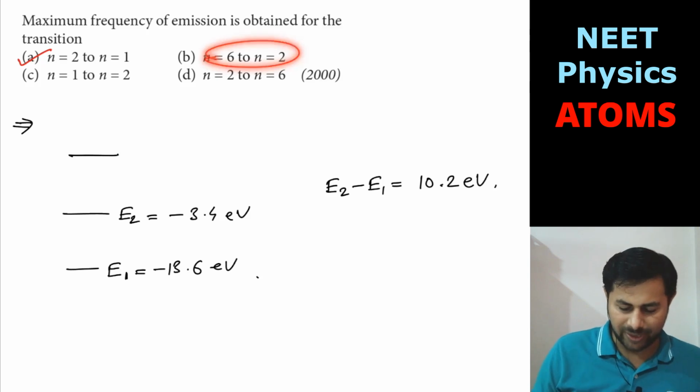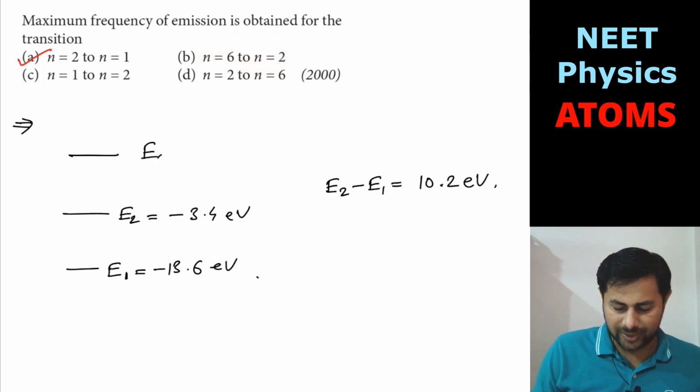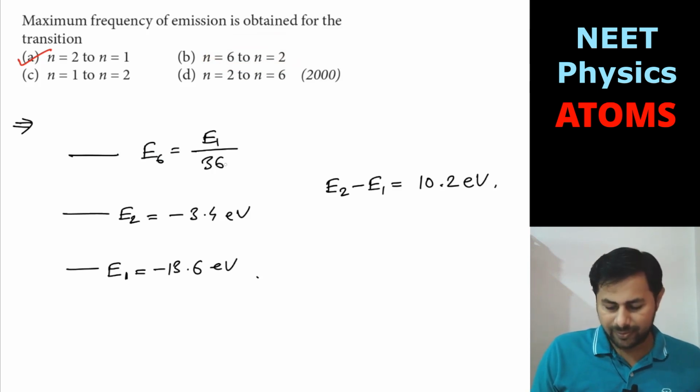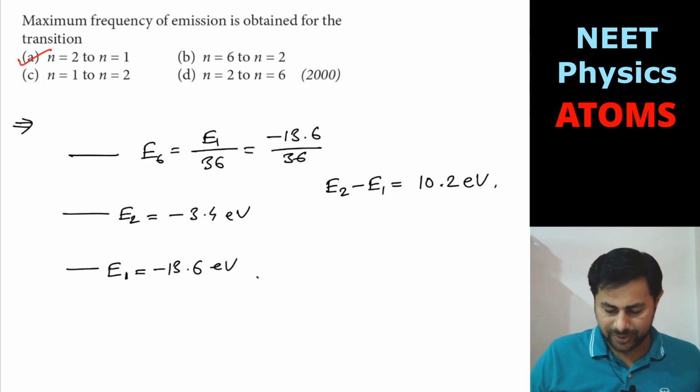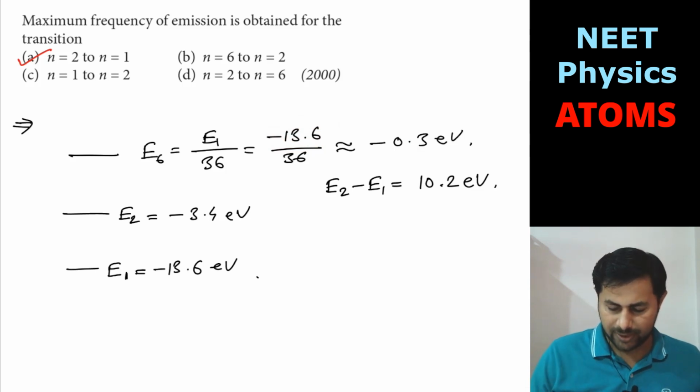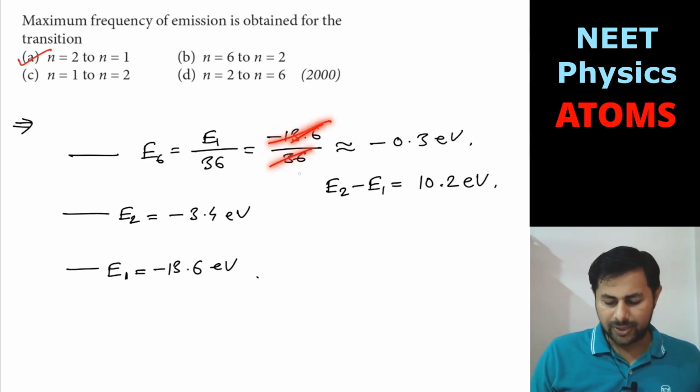E6 is E1 by 36, which is minus 13.6 divided by 36. So roughly I can say it is minus 0.3 eV, right? 12 3s are 36.